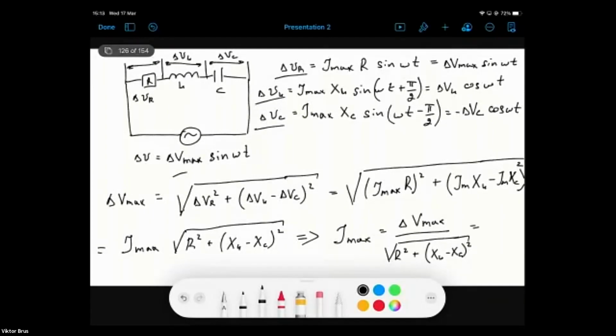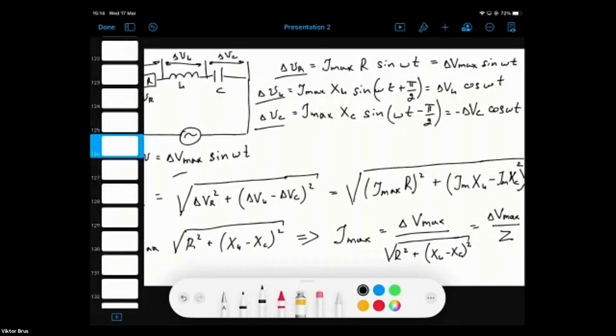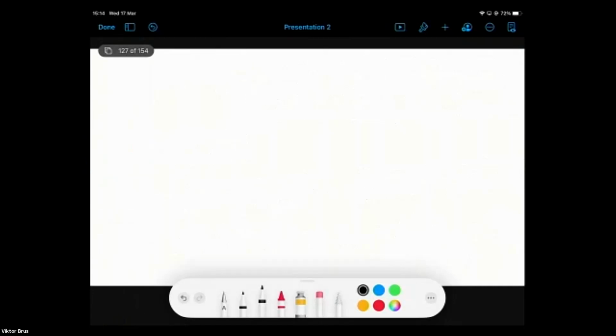Or it also can be written in a shorter form, V maximum divided by Z. So Z is called impedance, and it stands for the opposition of AC current flowing in electric circuits, which takes into account both active and reactive components of opposition to electric current in AC circuits.